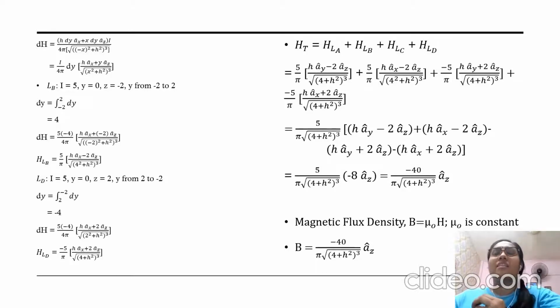The magnetic flux density B is equal to mu naught times H, where mu naught is a constant. So you will get B equals negative 40 over pi, square root of (4 plus h squared) cubed, times az.